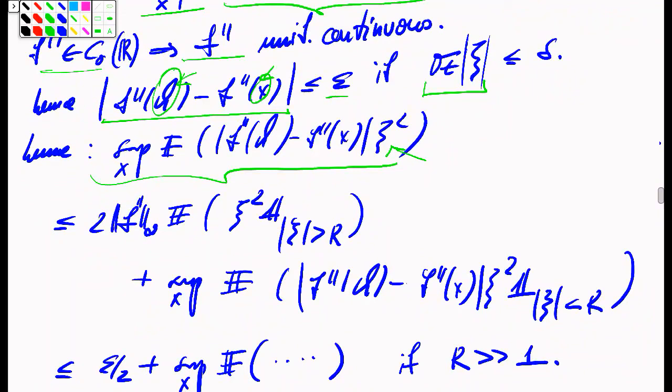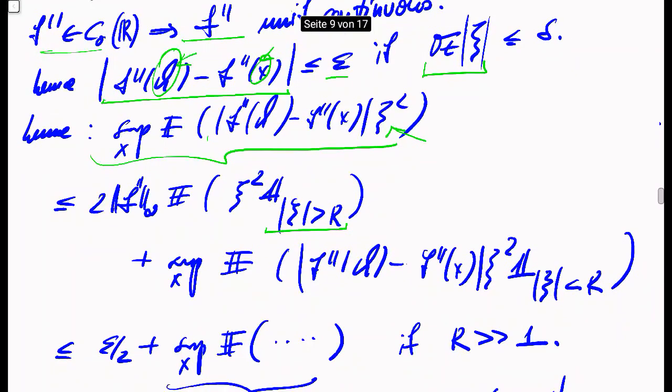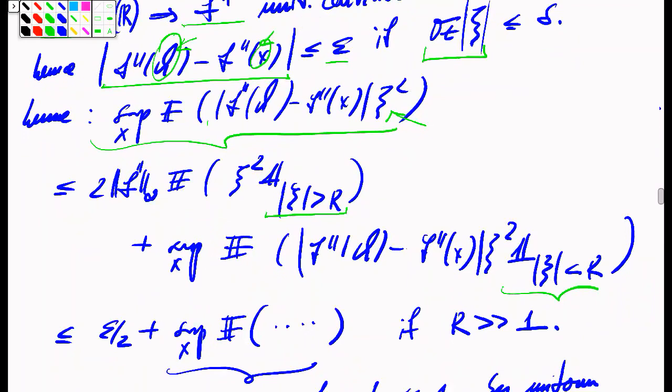For that purpose, I decompose this expectation into an expectation on two sub-events, namely the sub-event where the realization of the psi random variable is large, and the other complementary sub-event, which corresponds to the realizations of the psi random variable below a certain number r in absolute value, where r is a free parameter that I shall choose in a second. Now, that gives me a decomposition of this expected value into a sum of two quantities, which I shall estimate separately.